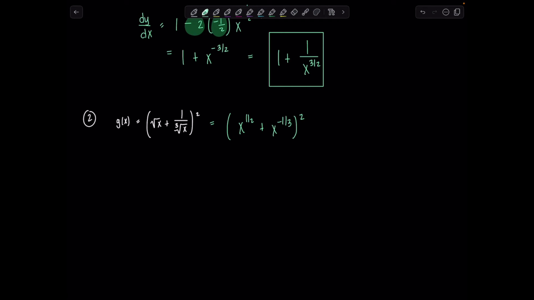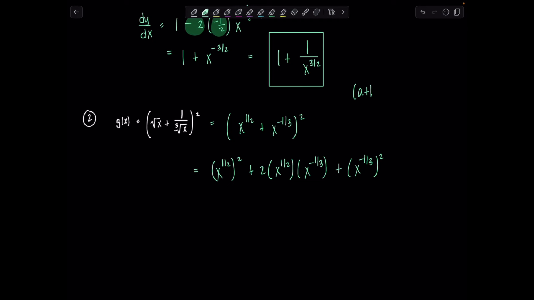Now you could do the chain rule, but instead, why don't we just expand or multiply this all out? So x to the 1/2 plus x to the negative 1/3 squared, that's going to be the first term squared plus 2 times x to the 1/2 times x to the negative 1/3 plus the last term squared.